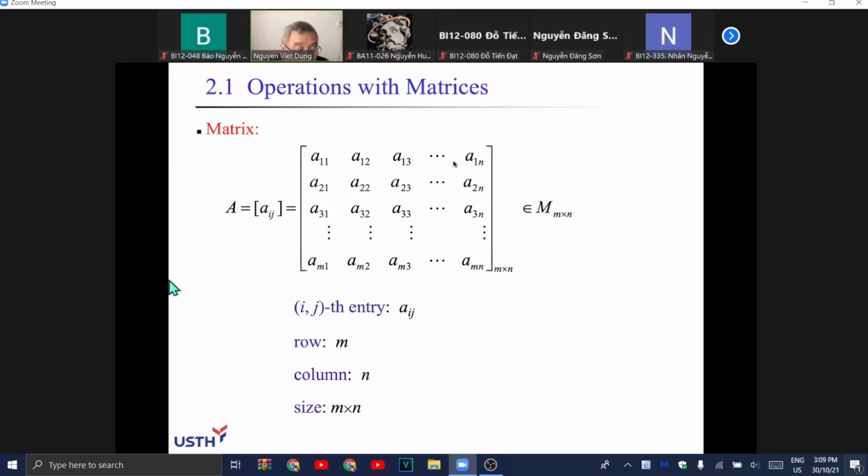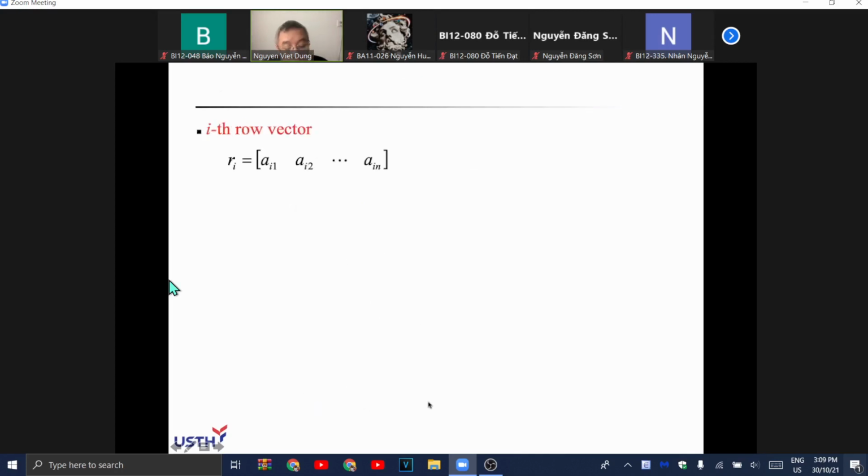We can denote it like that; any of these notations is acceptable. The ij entry is denoted by aij, with the indices i and j. The number of rows is m, the number of columns is n, and the size is m by n.